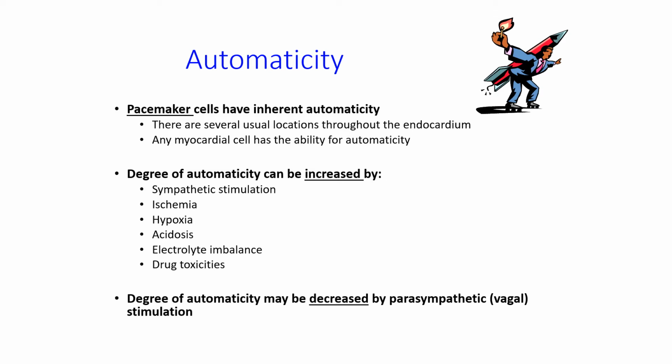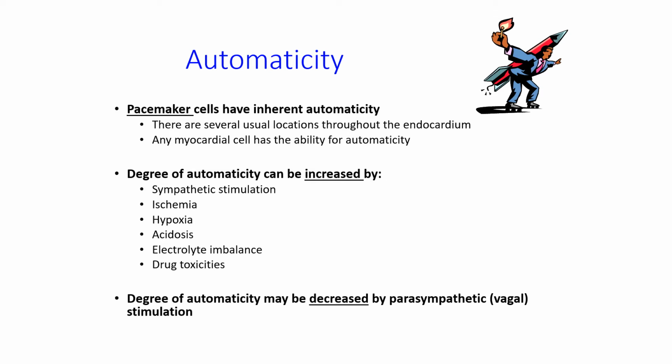Examples of this are sympathetic stimulation that can increase the heart rate, such as fear, pain, anxiety, caffeine, and many drugs that are sympathetic mimicking drugs. Other things, it becomes a compensatory response to hypoxia or ischemia.